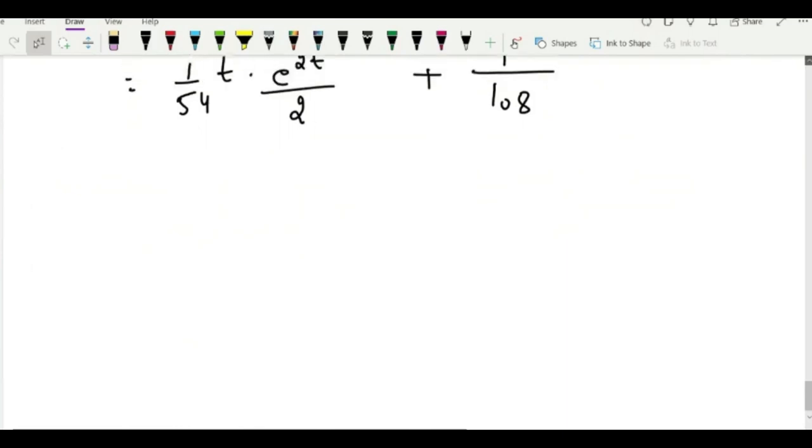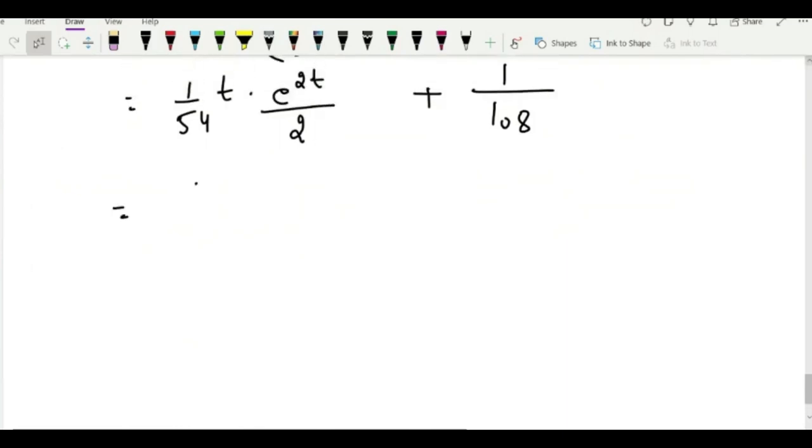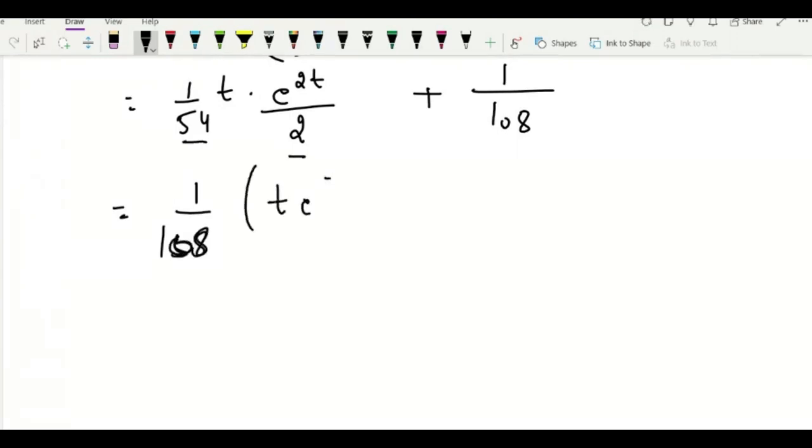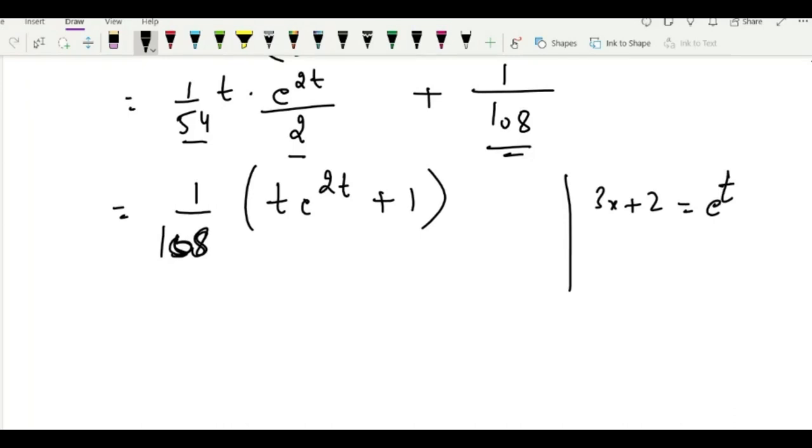So here we get the PI. The PI is 1 upon 108, since 54 into 2 is 108. Taking common out, t e raised to power 2t plus 1. Now we have the substitution: 3x plus 2 is equal to e raised to power t.